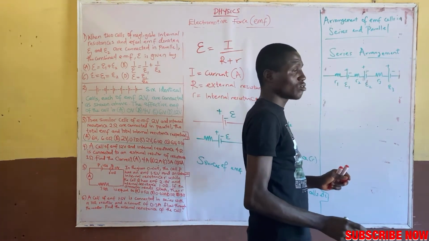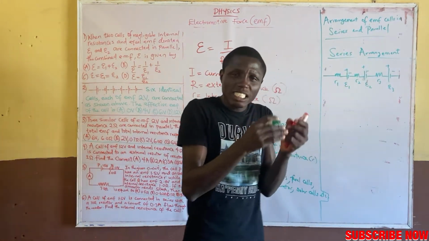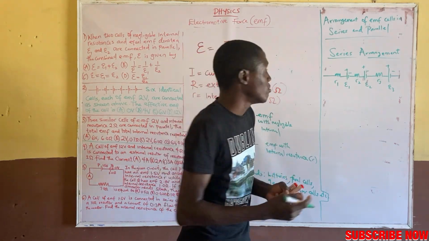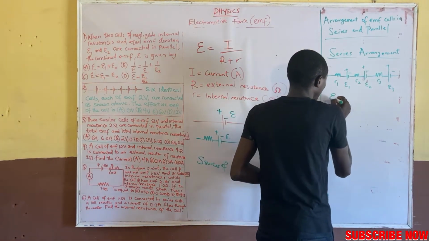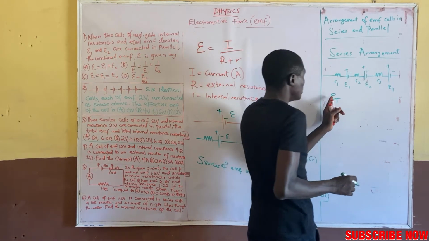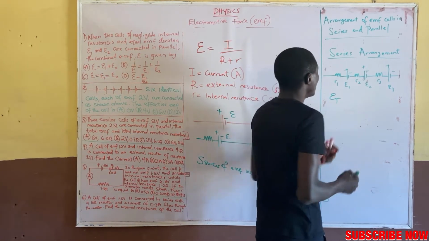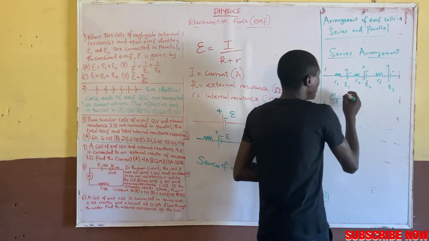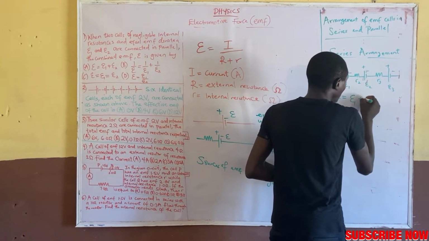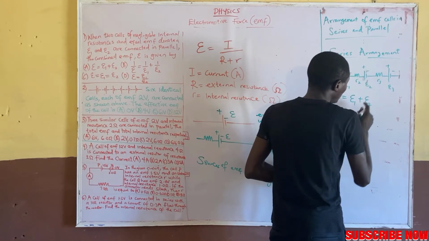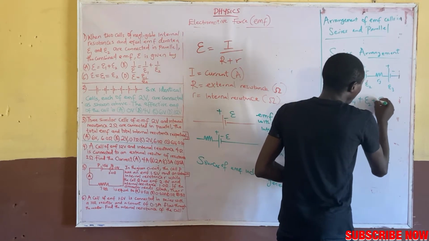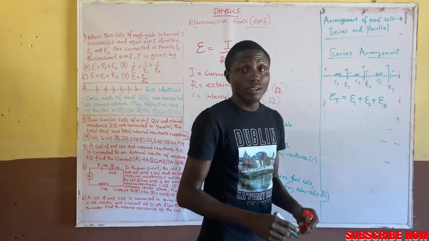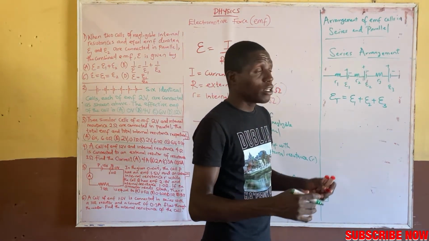In such a situation, the effective EMF, or the combined EMF, or the total EMF, which I will denote by E_T, in this arrangement, whenever they are facing the same direction and are in series, is equal to E1 plus E2 plus E3. So this is how you calculate the combined or total EMF.